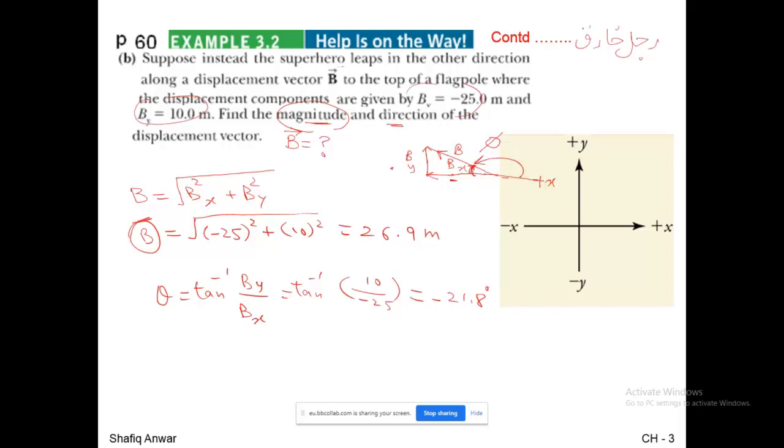Phi, this angle from the positive x-axis, should be 180 minus theta. 180 minus 21.8, so you get 158.2. Listen, don't write 180 minus again; it will be plus, and you will be getting more than 180 on this line. So this is 180. You get the point?